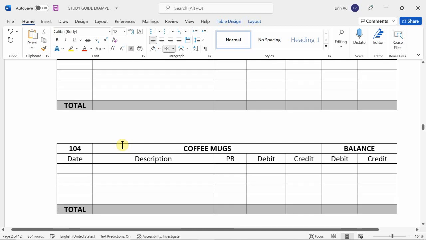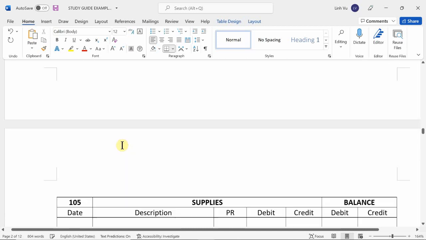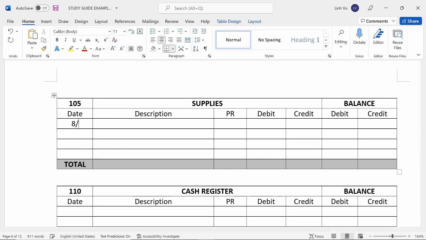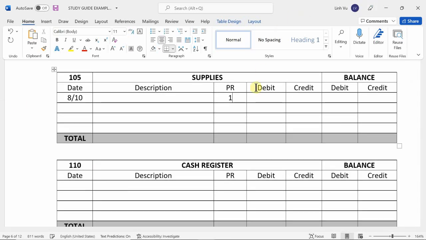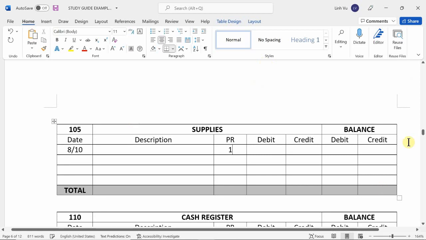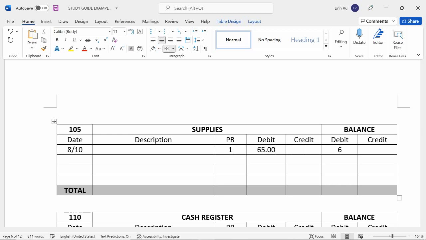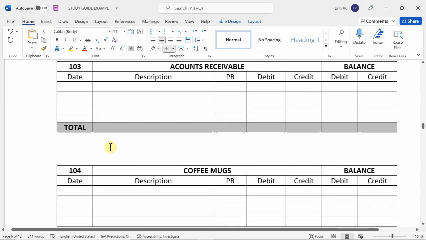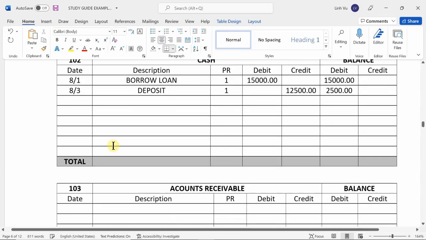So let's see. Cash accounts, coffee mugs, supplies. 8, 10. Okay, I mean, it's kind of obvious what you did here. But if you want to put purchase supplies, you can for $65. And how did you pay for it? You paid for it with cash. So that means you're going to decrease your cash account.